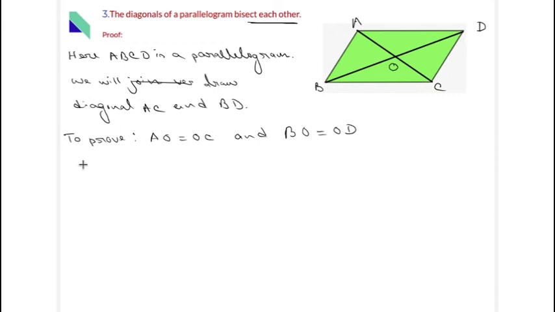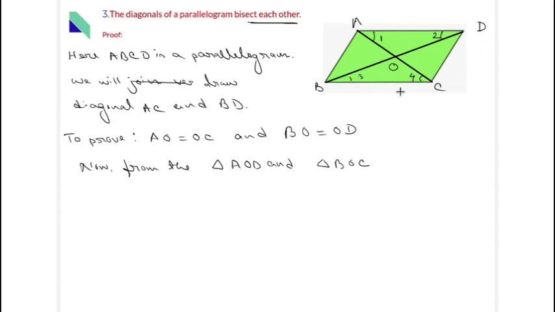Okay. Now, from triangle AOD and triangle BOC, okay, we will name the angles 1, 2, 3, 4.